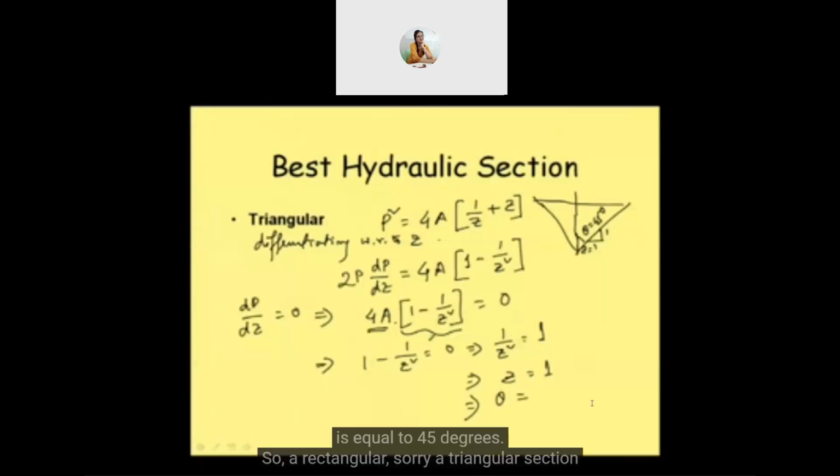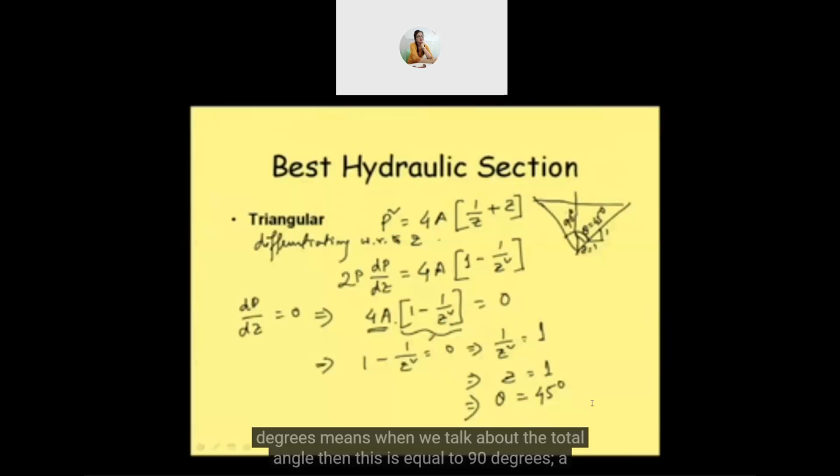So a triangular section will be the best section when theta is equal to 45 degrees. Theta of 45 degrees means, when we talk about the total angle, it is equal to 90 degrees. So a 90 degree channel means the angle of the triangular section should be 90 degrees for this to be most efficient.